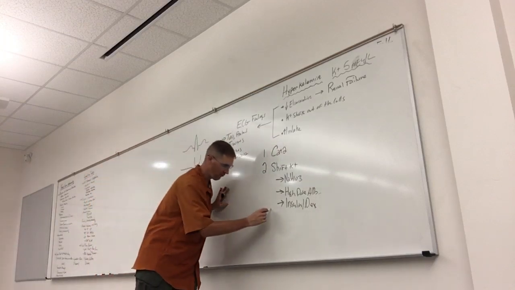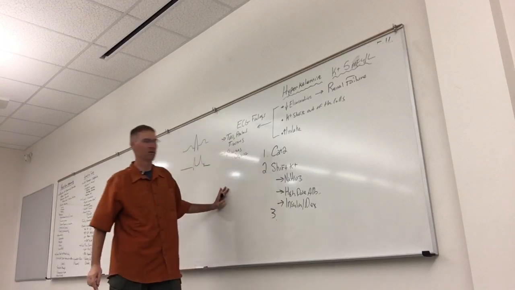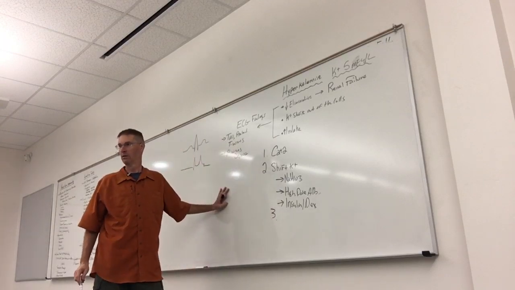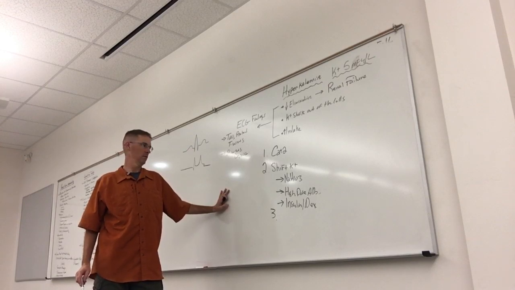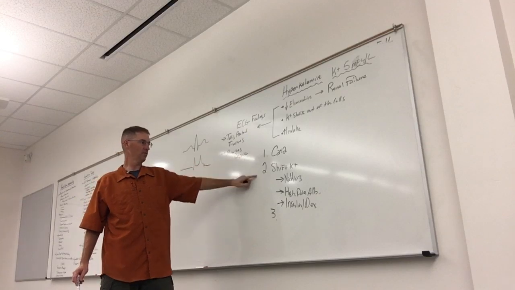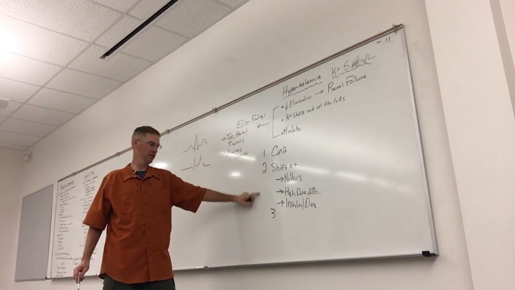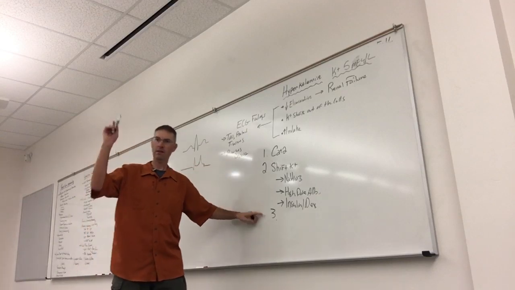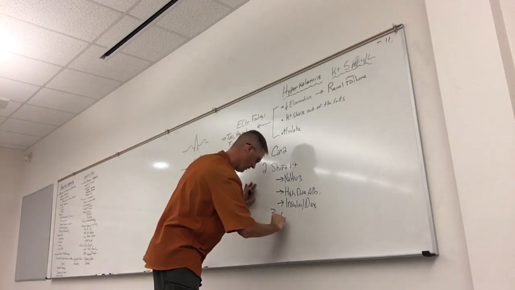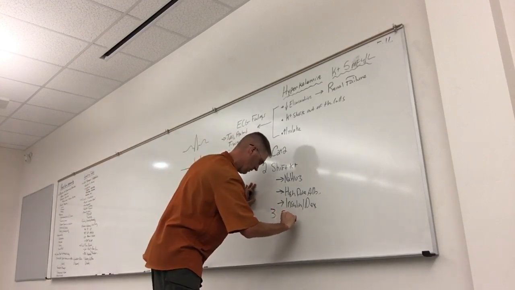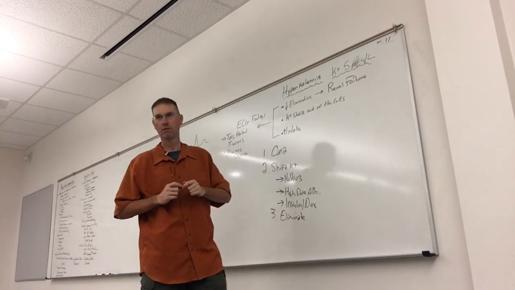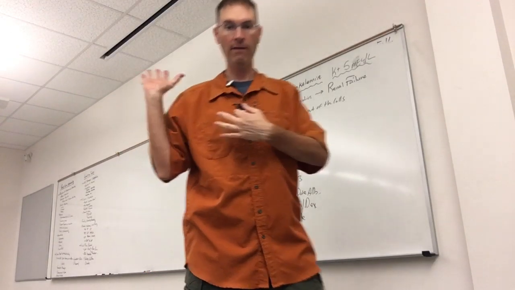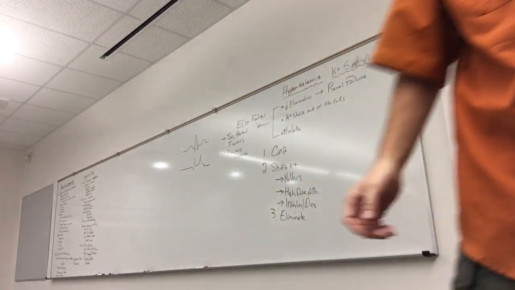And then step 3 is not something we typically can do outside of the hospital. But what is it? So stabilize the cells, shift potassium into the cells, and then eliminate the potassium. Good. And what is the single most effective way of eliminating potassium in the setting of a life-threatening hyperkalemic emergency?